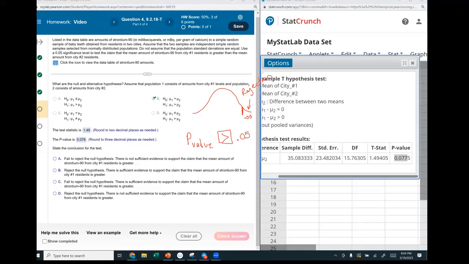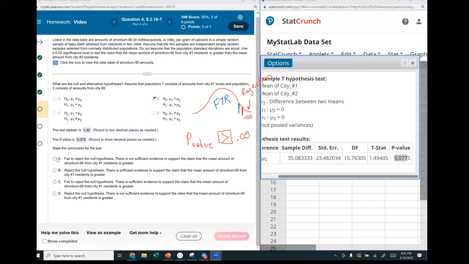So let me change colors. I might be right here. This is the fail to reject. Okay. So I know I'm going to fail to reject this. Let's see what the reason is. There is not sufficient evidence, that's true, to support the claim that the mean amount of strontium-90 from City 1 residents is greater.